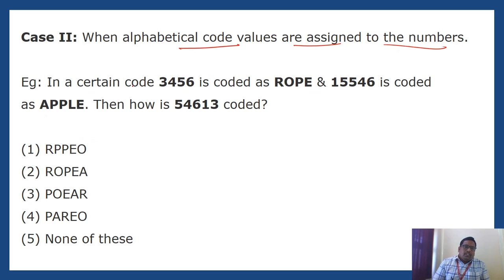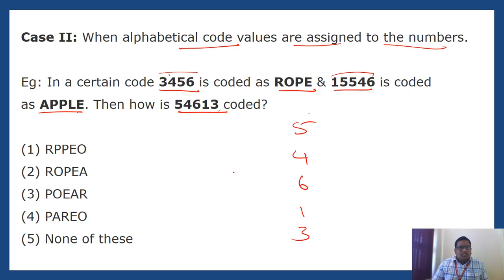Now let us go for one more case where alphabetical code values are assigned to numbers, the reverse of case 1. In a certain code, 3456 is coded as ROPE, 15546 is coded as apple. Then what is the code for 54613? If you observe 54613, these numbers are already present when you combine these two.